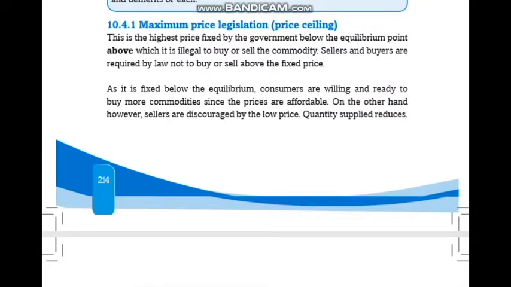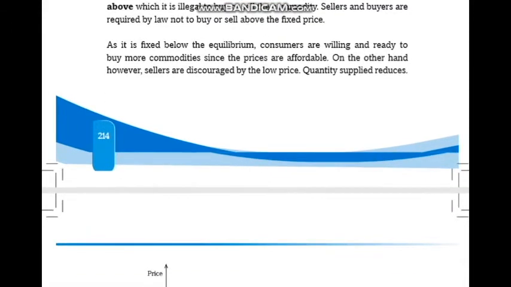What is maximum price legislation? This is the highest price fixed by the government below the equilibrium point above which it is illegal to buy or sell the commodity. Sellers and buyers are required by law not to buy or sell above the fixed prices. As it is fixed below the equilibrium, consumers are willing and ready to buy more commodities since the prices are affordable.